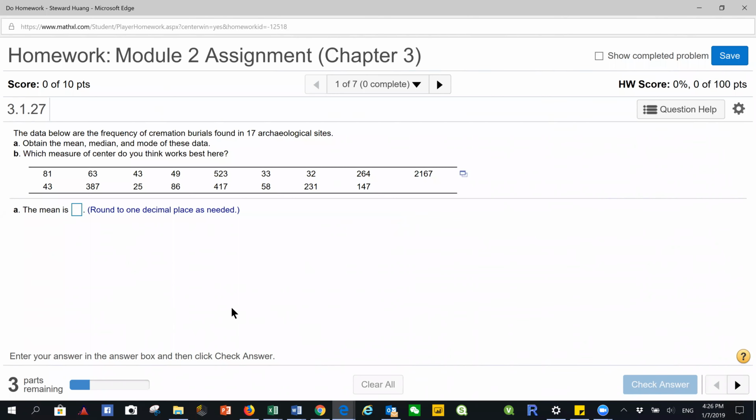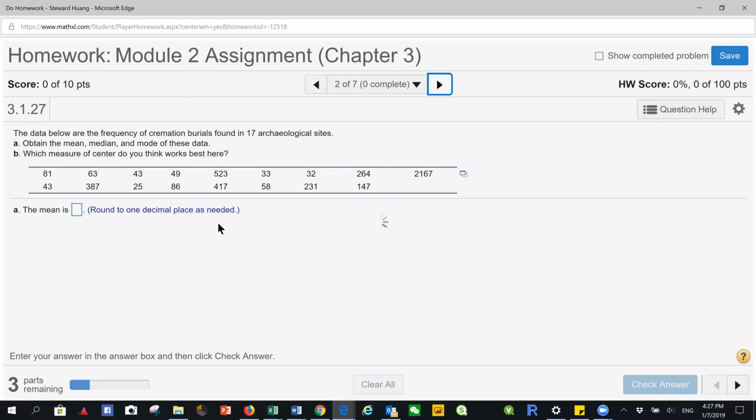When there are extreme values, then probably median is preferred. And from the observation here, you can see there is a very big number, 2167, which by visualization is obviously an outlier. So I will guess that you would prefer median.